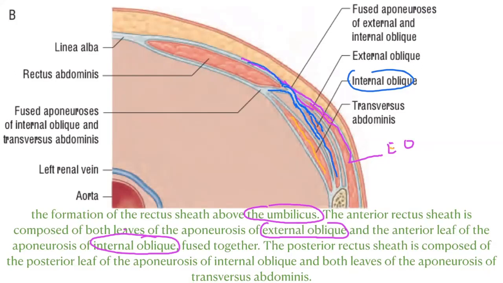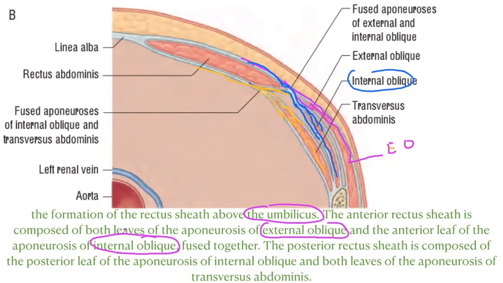Posterior lamina is participating in the formation of posterior wall of the sheath. You observe these two lamina leaves of transverse abdominis fusing with the internal oblique, posterior leaf of internal oblique to form posterior wall of rectus sheath. That is given in the description, and anterior leaf of internal oblique fused together.